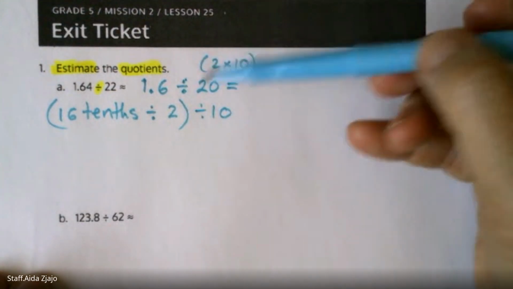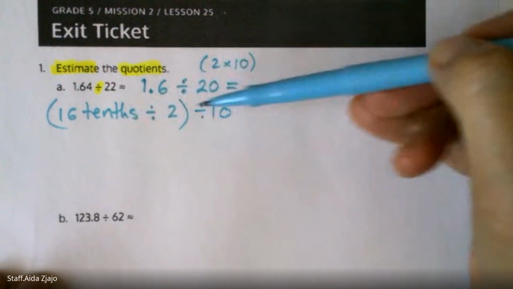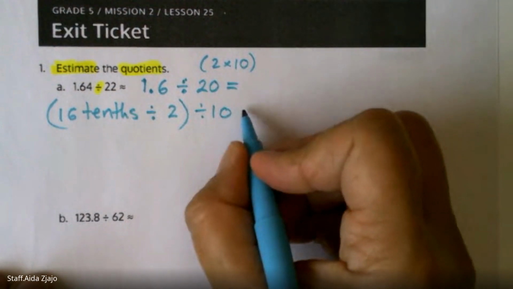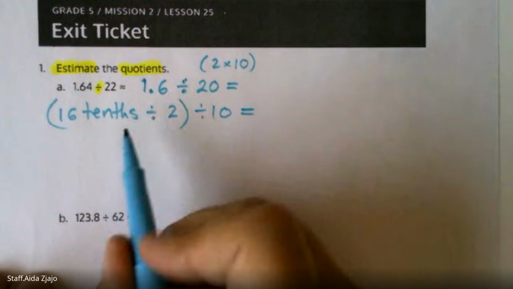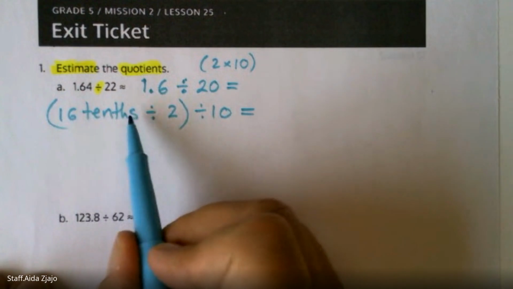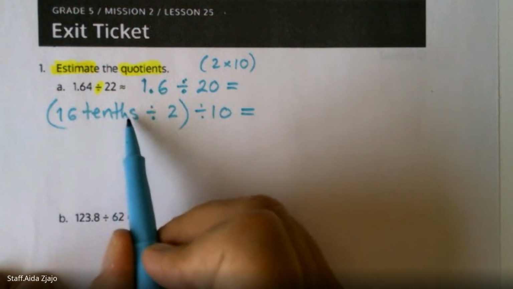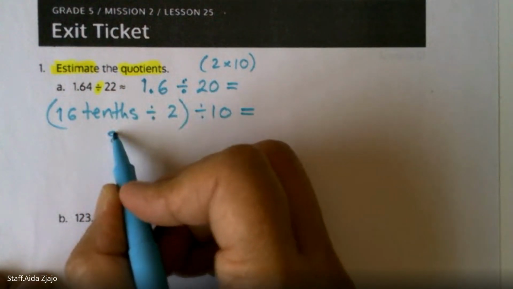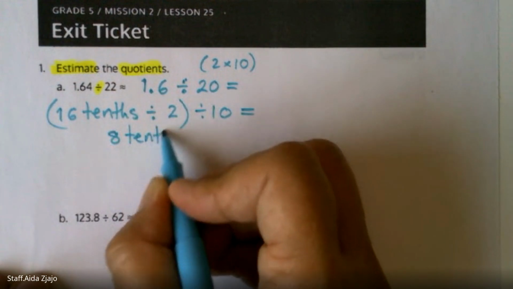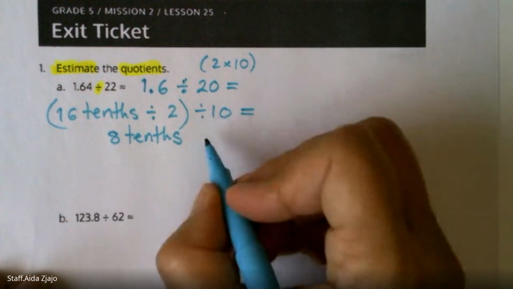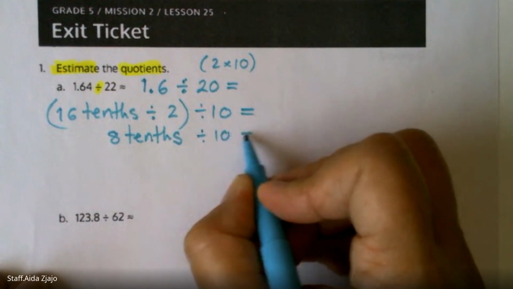So I can divide into groups by 2, and then after that quotient, I can divide by 10 next. Now, when you have 16 tenths divided into 2 groups, each group will have 8 tenths. So now when you have 8 tenths, you can divide that by 10.